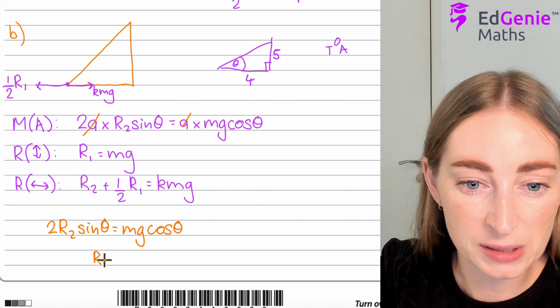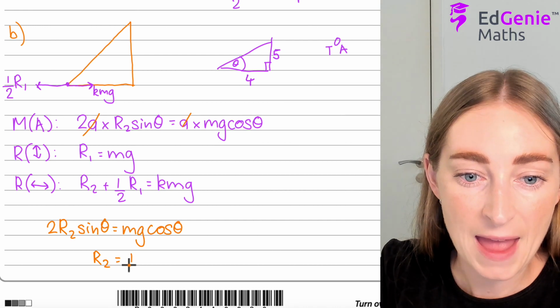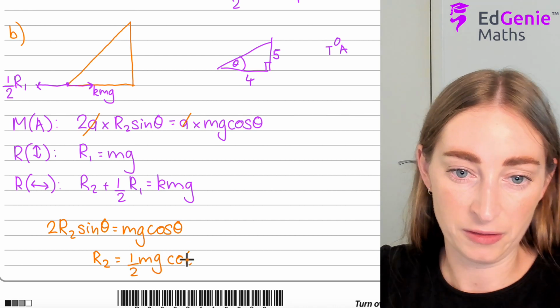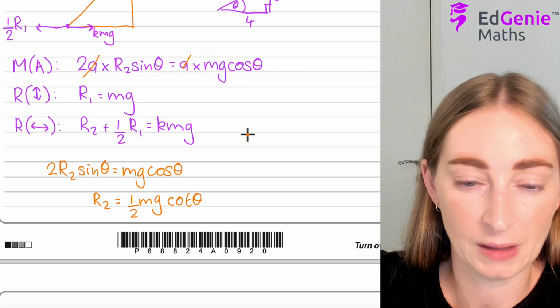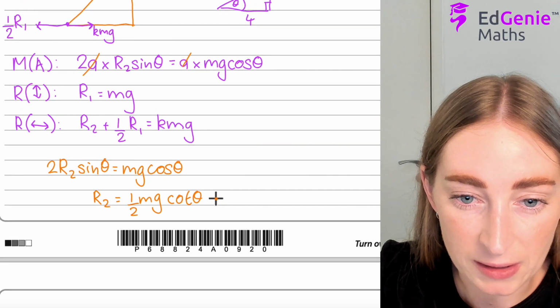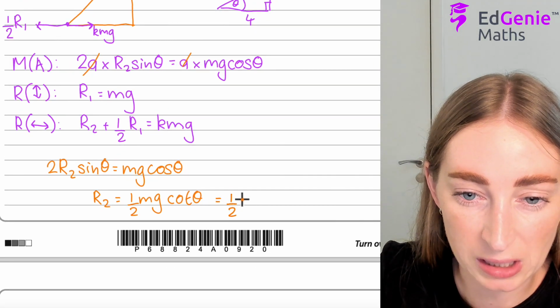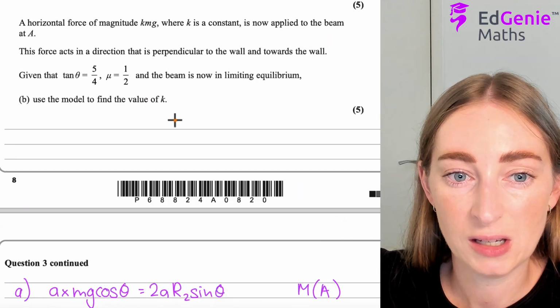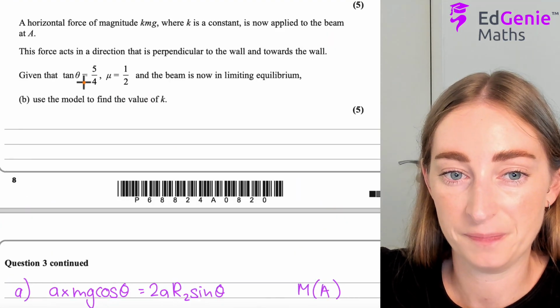So R2 is going to be a half mg cot of theta. Okay, and we can actually rewrite this as a half mg cot. So cot was going to be 4 over 5.